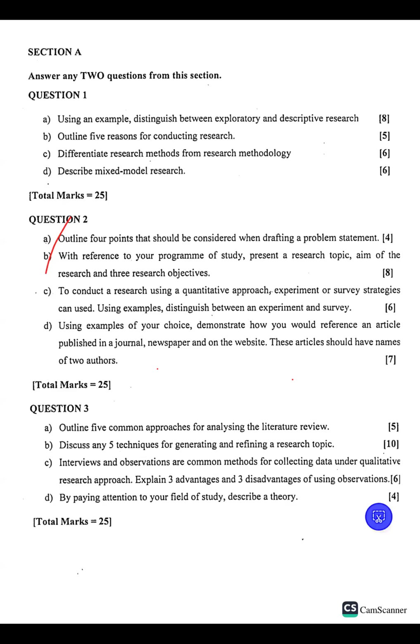Oh, yeah. So now tell us your research aim. What was the research aim? So the aim of this was to investigate the major causes of road construction project delays in Zambia. I just repeated because the lecturer in class told us the aim is you just repeat your topic.